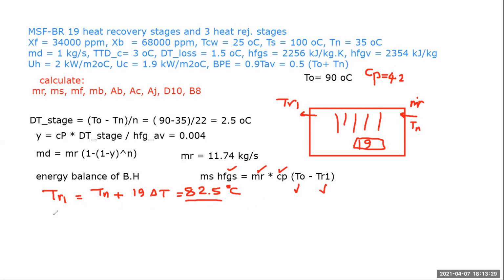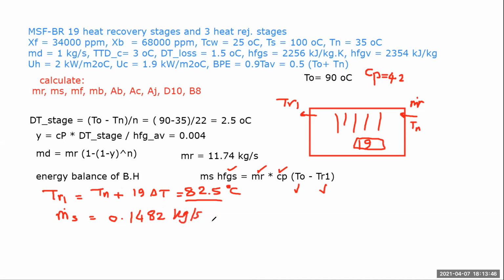So from here we can calculate the value of M dot steam, and the m dot steam accordingly calculates to 0.1482 kilogram per second.